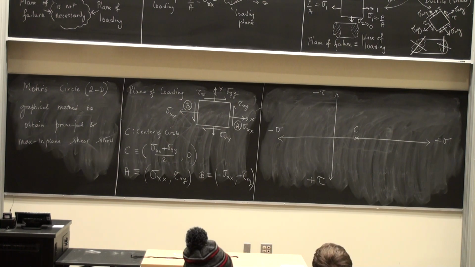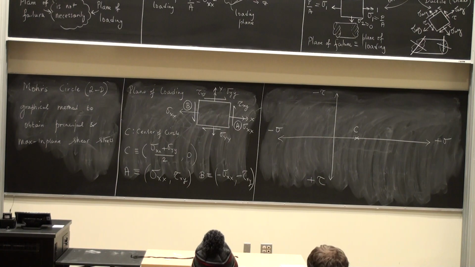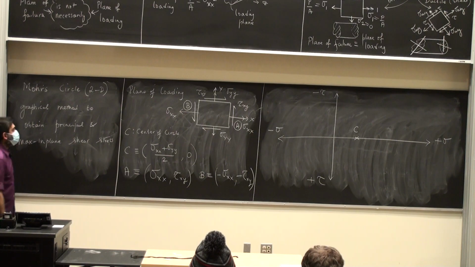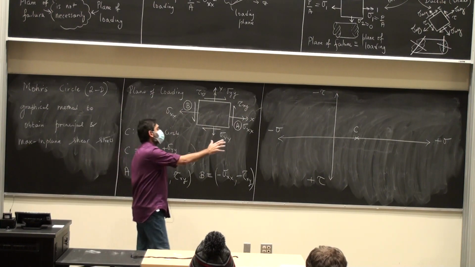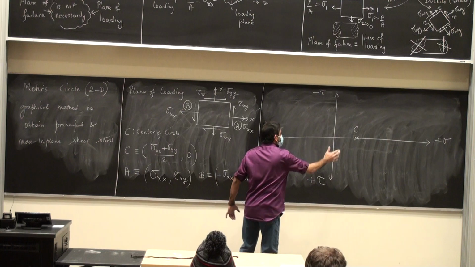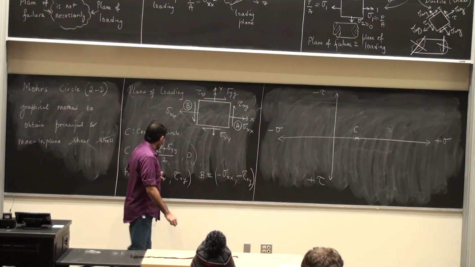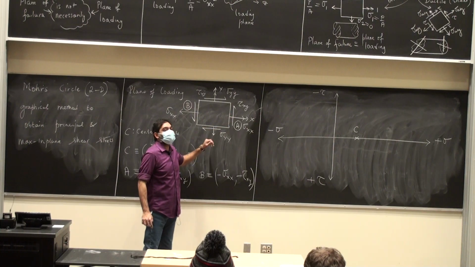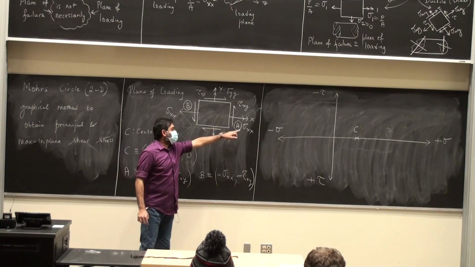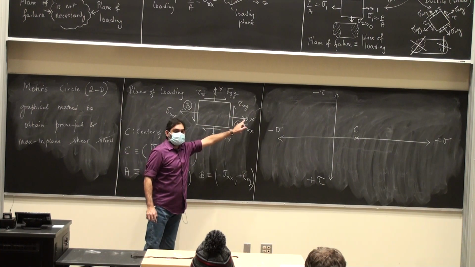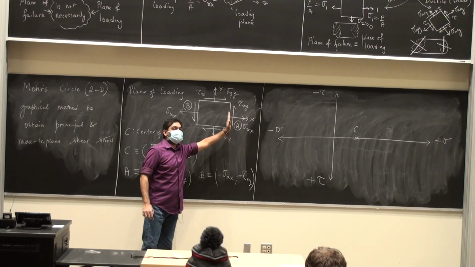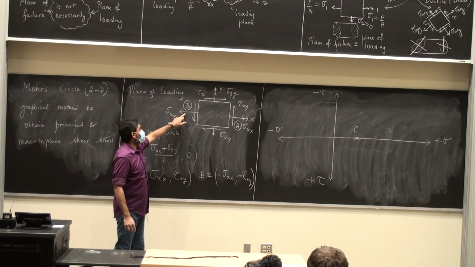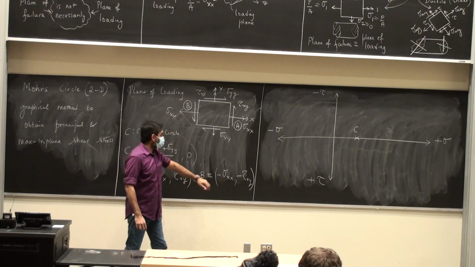Okay, so this is for the Mohr circle. These values are written based upon the convention that we use for positive stresses. This stress is considered positive if it points along the positive x-axis on this face. On this face, it is not pointing along the positive x-axis, so it is considered to be negative.